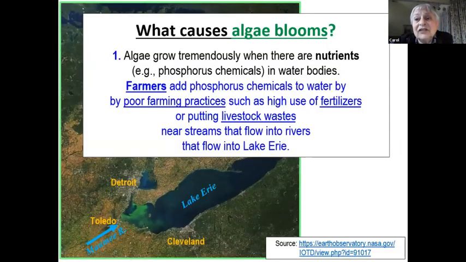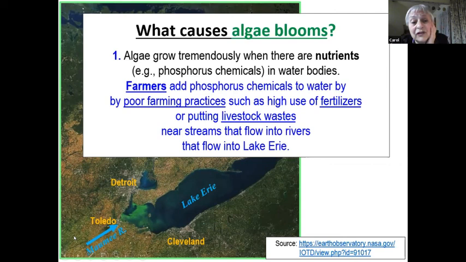What causes algae blooms? Well, nobody intends to produce algae blooms, but I'm going to point to this corner, the Maumee River, which flows into Lake Erie. And there are farmers who just mean to be farming. That's all they intend to do. But they add fertilizers to their fields.